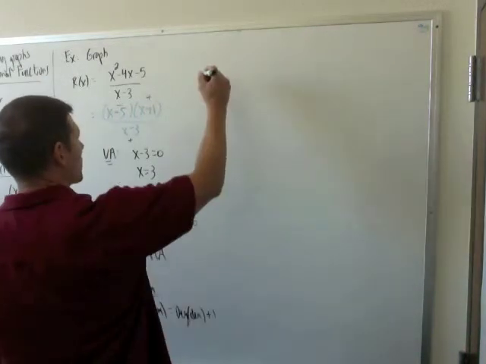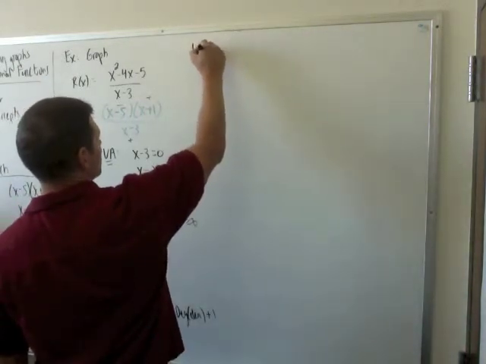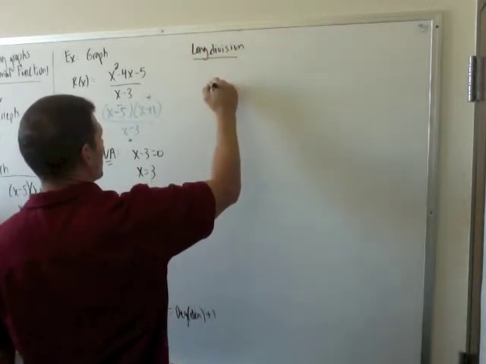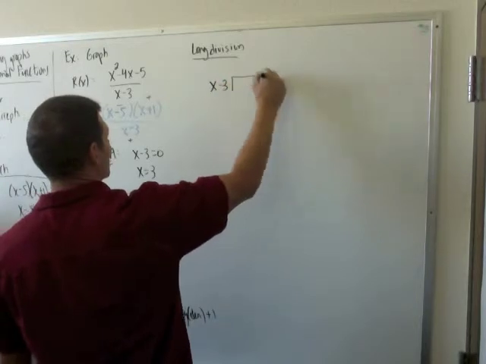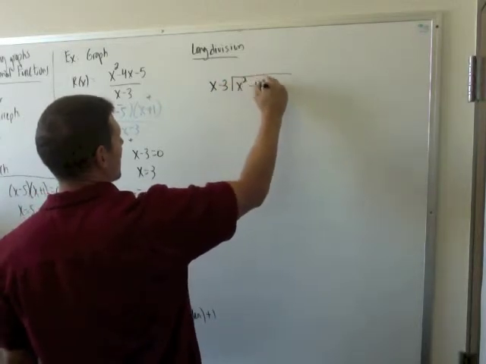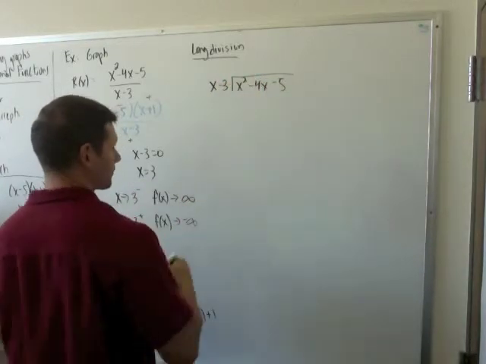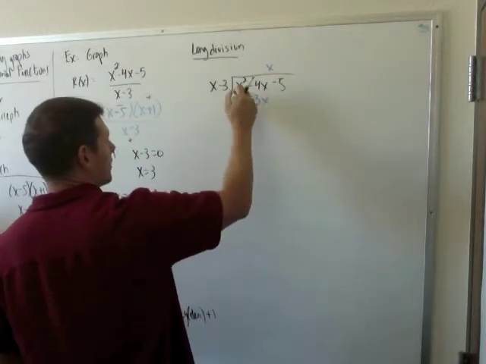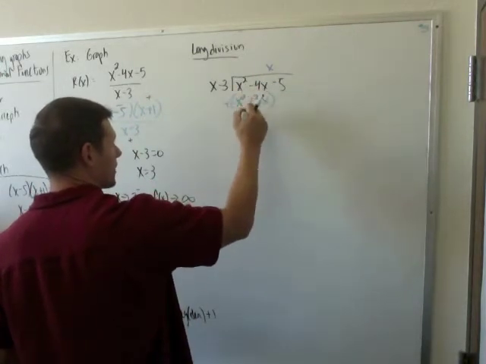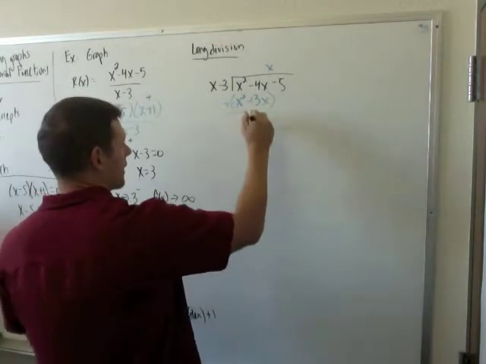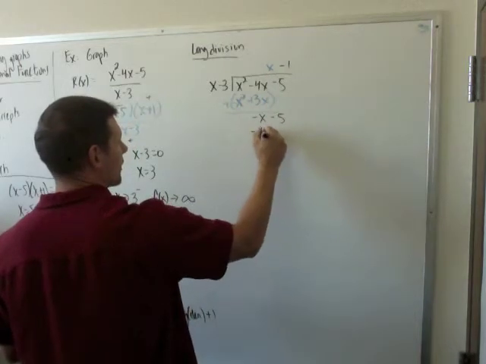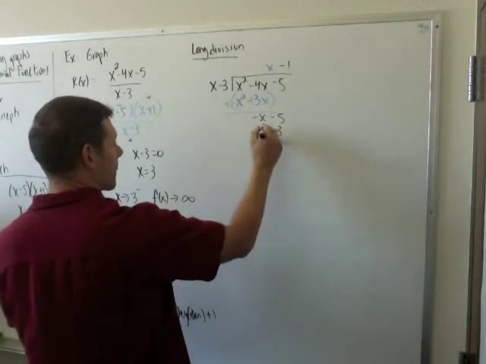Well, the first thing is we're going to do long division to see what's happening. So I go x minus 3 into x squared minus 4x minus 5, multiplied by x, and I get x squared minus 3x. Subtract downwards: plus, negative, plus. Okay, good. I get negative x minus 5, multiply it by negative 1, negative x plus 3.